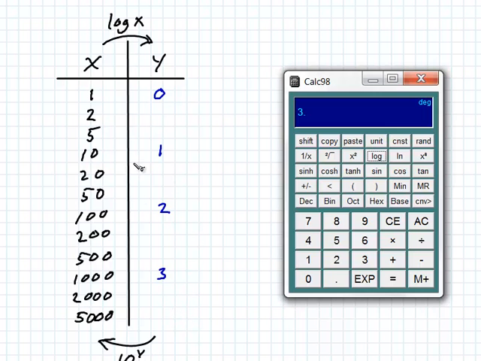Well, what about these intermediate values? What is it actually saying to ask, 10 to what power gives me 2? That's what it's doing for these whole number powers of 10. What about these intermediate values? Well, let's try them. Let's say I put in a 2 and hit the log key. I get 0.30103.